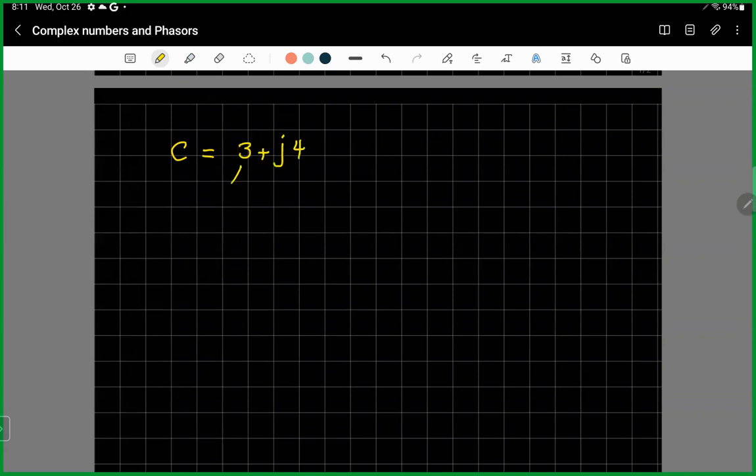So this is the real part. Just let me make it simple. That's the real part, and that's the imaginary part. So the whole thing, if you have a number that consists of two parts, one is real and the other is imaginary, we call this number complex.